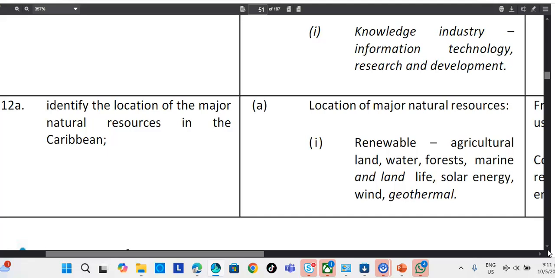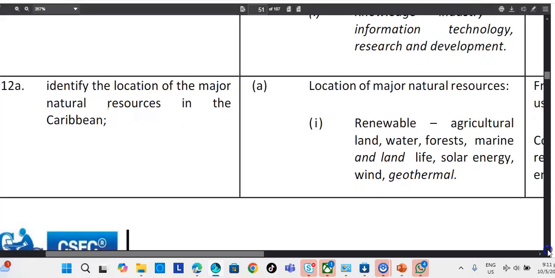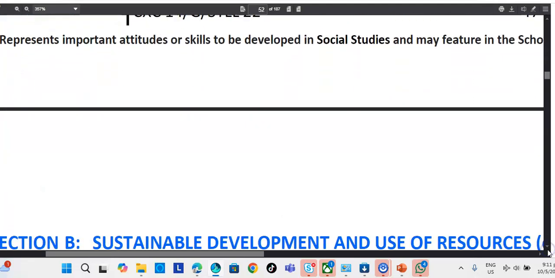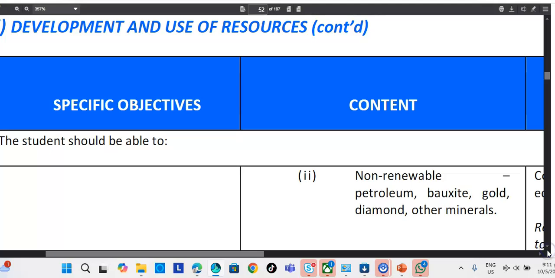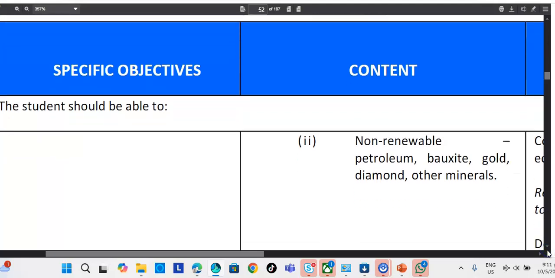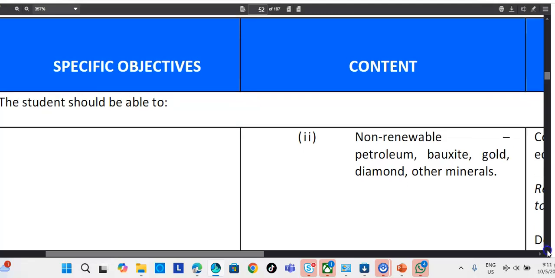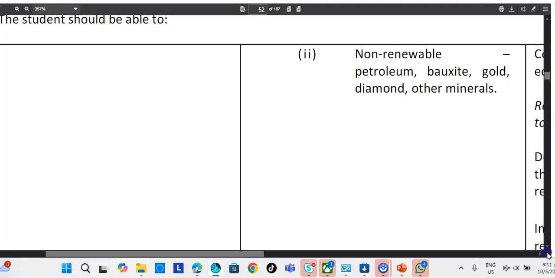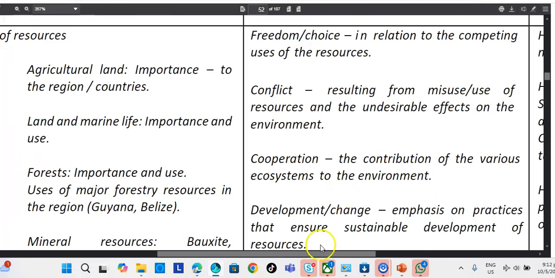Those are all examples of renewable resources, meaning that they can be replenished and reused. All right, let's go down to non-renewable resources, which cannot be reused or replenished: petroleum, bauxite, gold, diamond, other minerals. And we're going down nicely, guys.